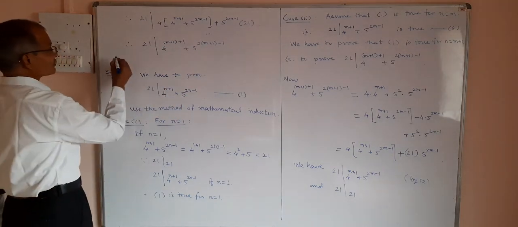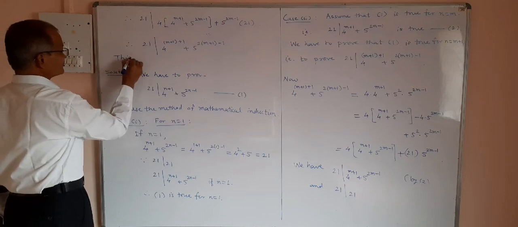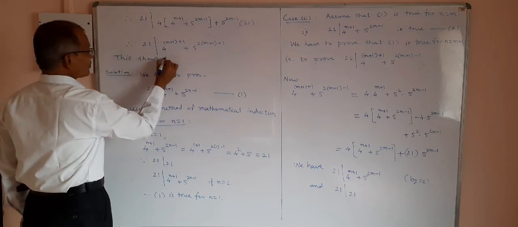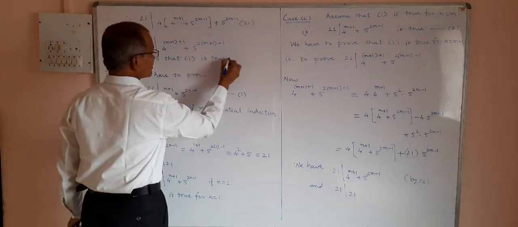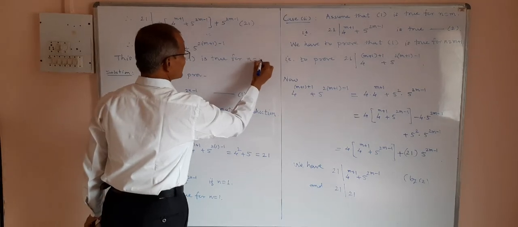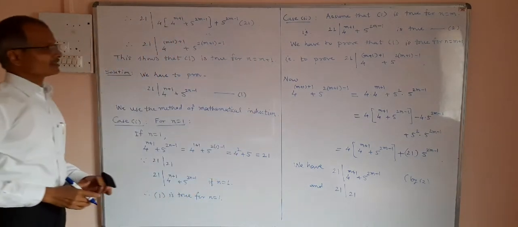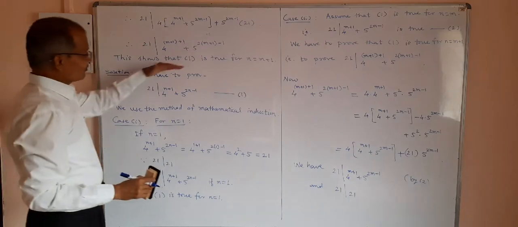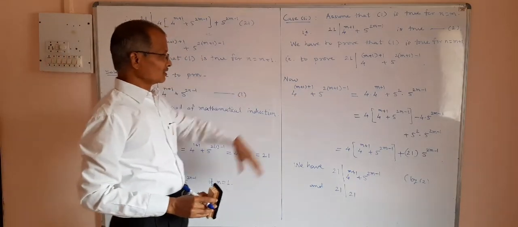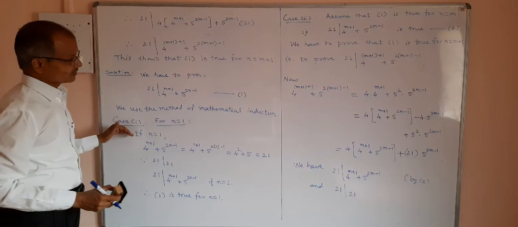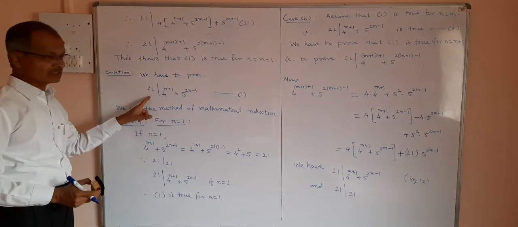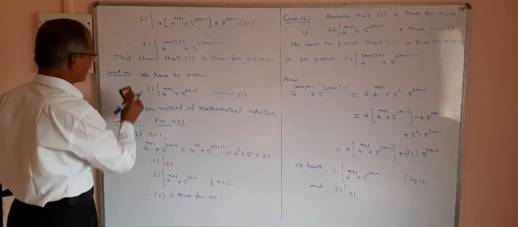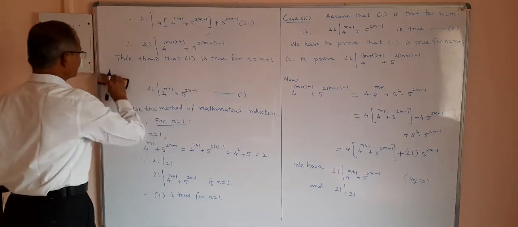So this shows that 1 is true for n equal to m plus 1, and thus we have proved the second case also, or the second step in the induction, and therefore by 1 and 2 and by mathematical induction the result 1 is true for all positive integers n equal to 1, 2, 3, etc.